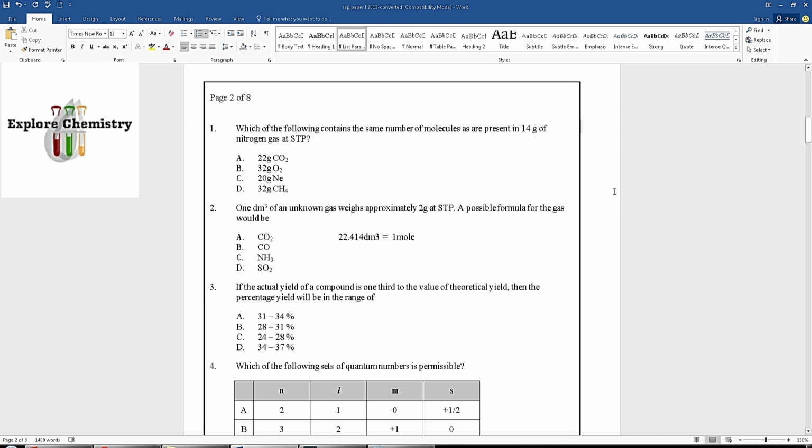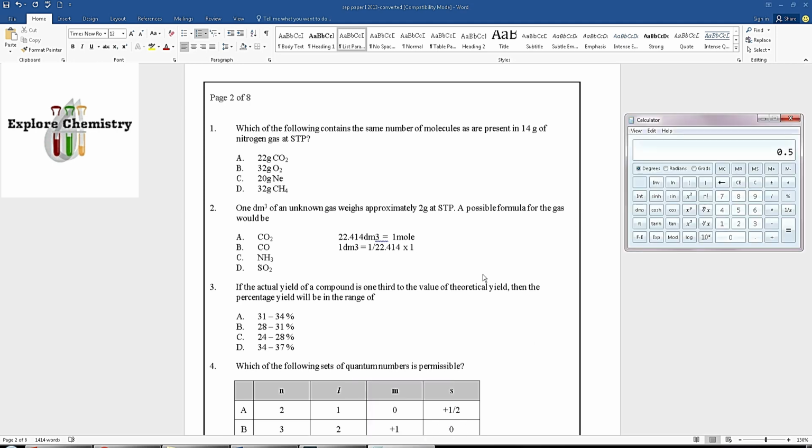So 1 decimeter cube will be equals to 1 divided by 22.414. In this way you can get the number of moles of this gas.